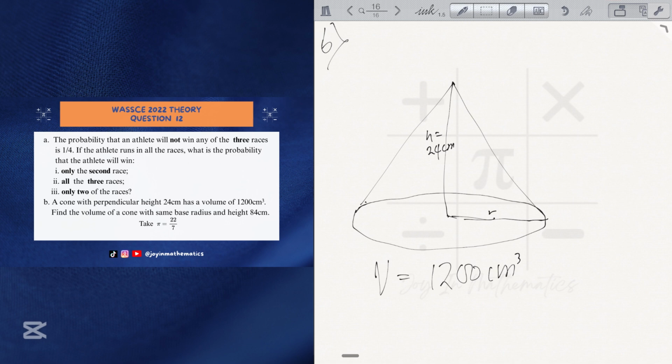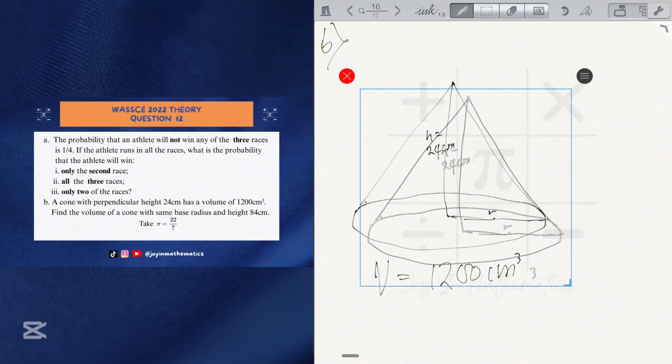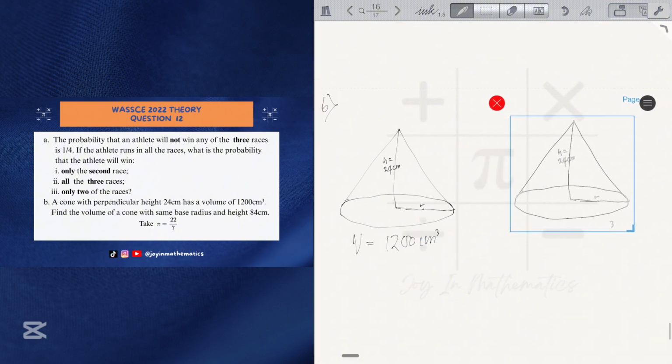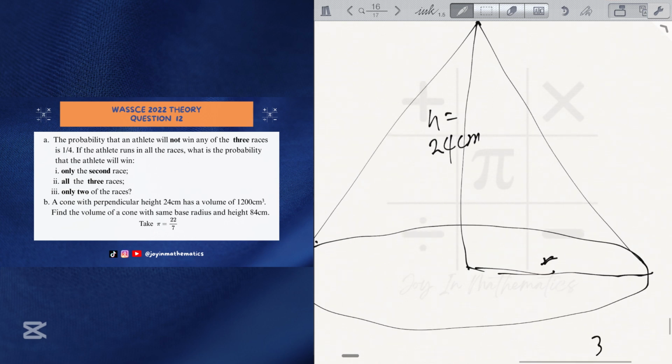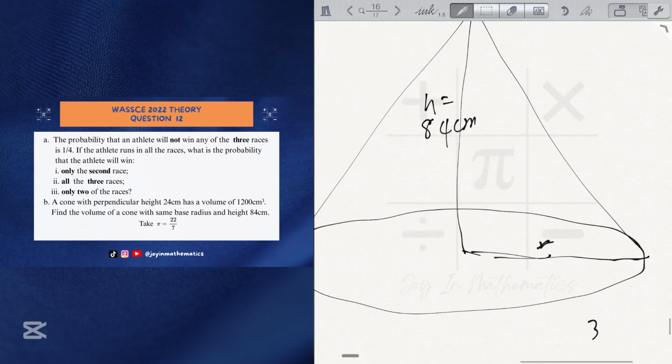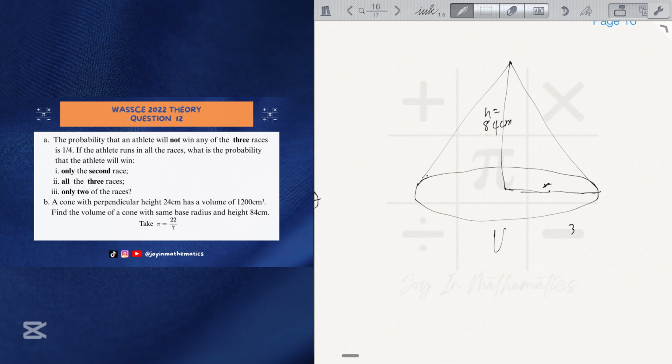Now we should find the volume of the same cone. We duplicate this. Now with the same base radius, so r is equal to r, but this time the height is 84 centimeters. So we are looking for the volume of the cone, V, to be this unknown.